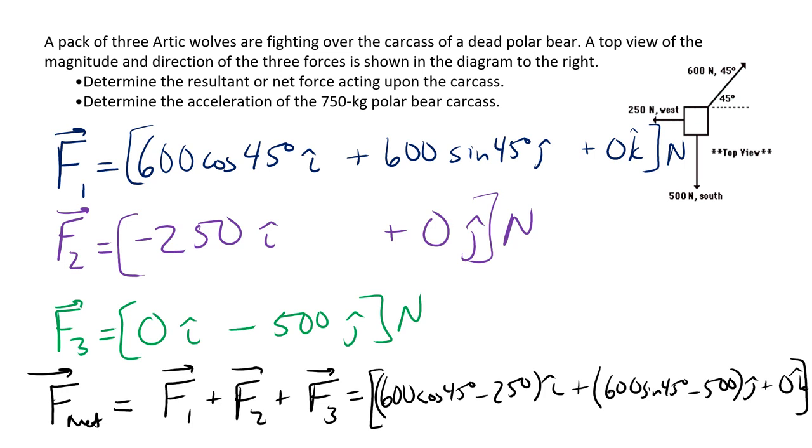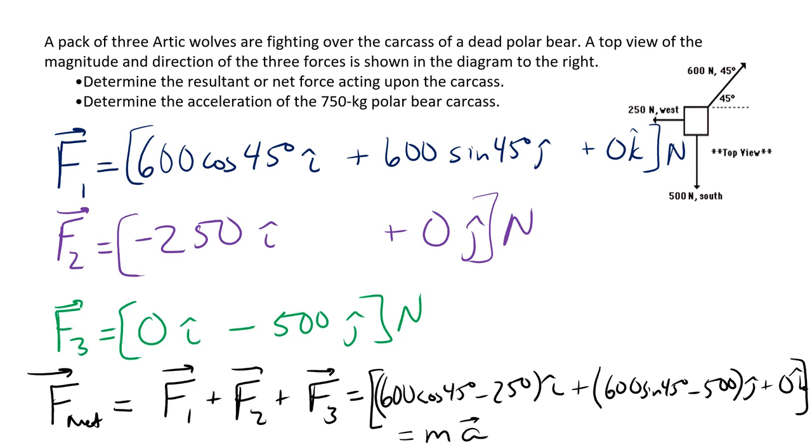And we know that the net force is going to also equal to mass times the acceleration. And so from here you could then figure out the acceleration vector by dividing that net force vector by mass. All of these approaches will lead you to the same direction for this problem.